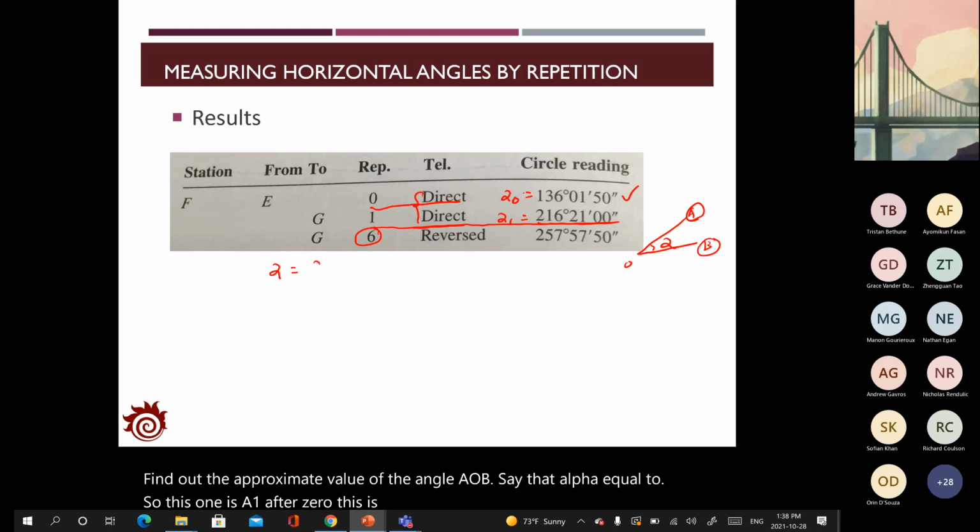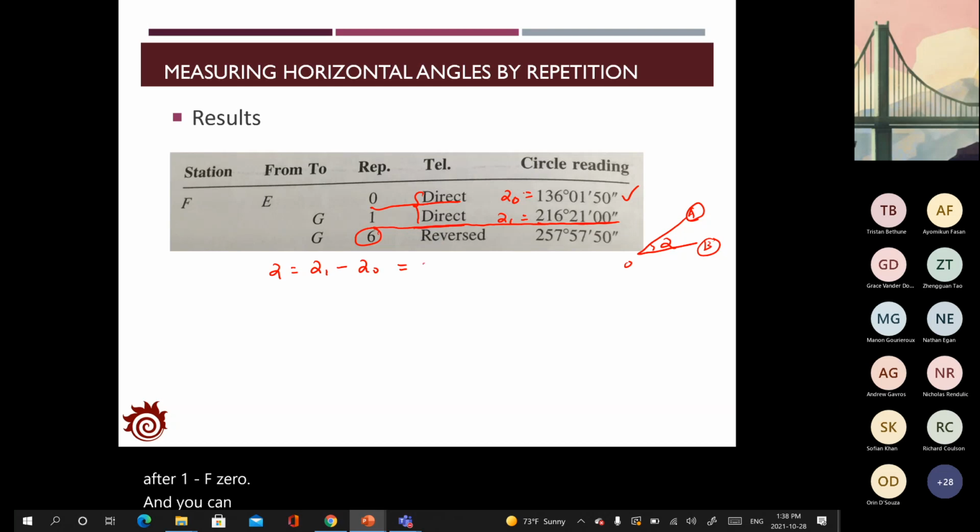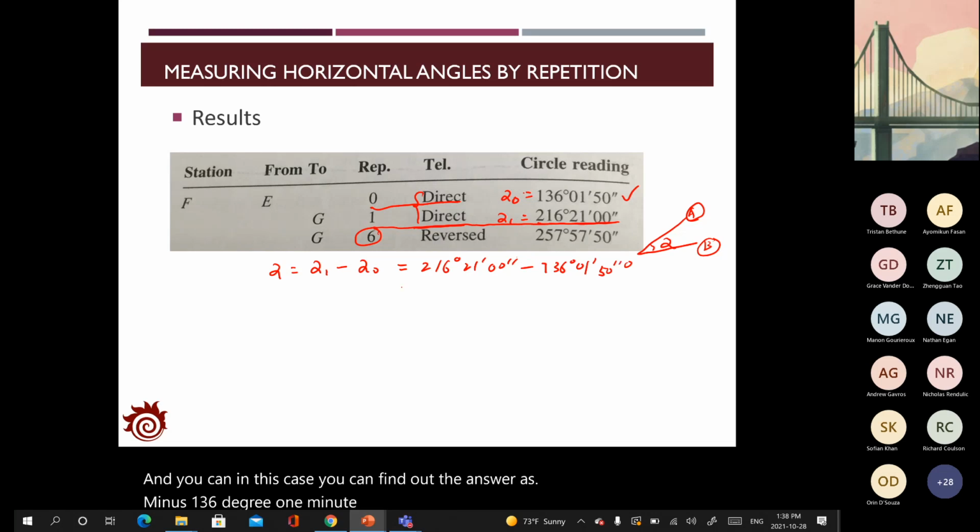So that would be approximately alpha 1 minus alpha 0. In this case, you can find the answer as minus 136 degrees 1 minute 50 seconds. So you can find the approximate value as 80 degrees 19 minutes 10 seconds.